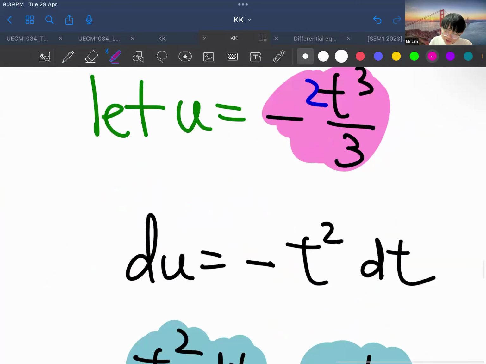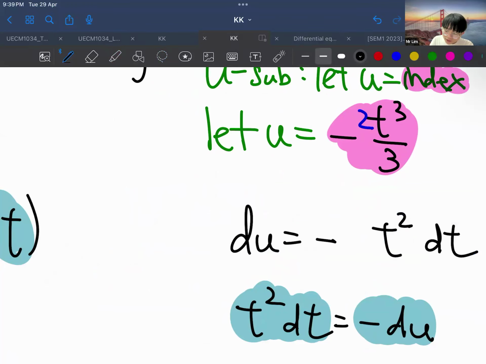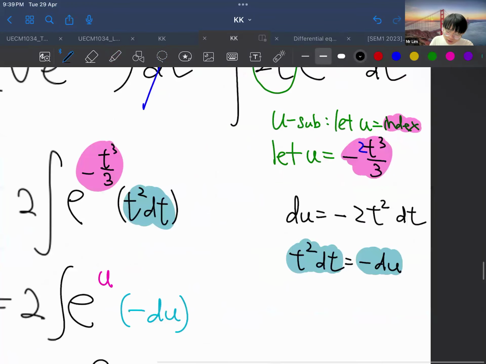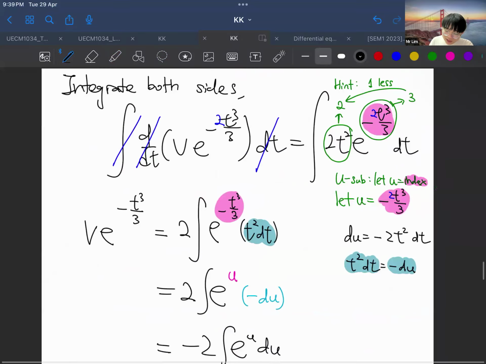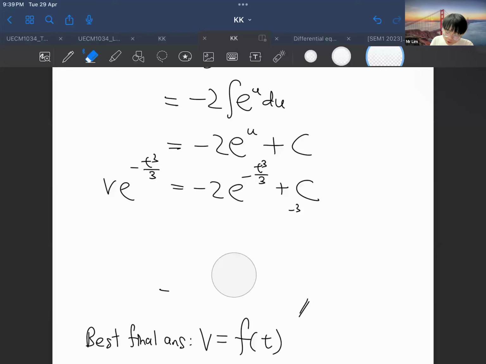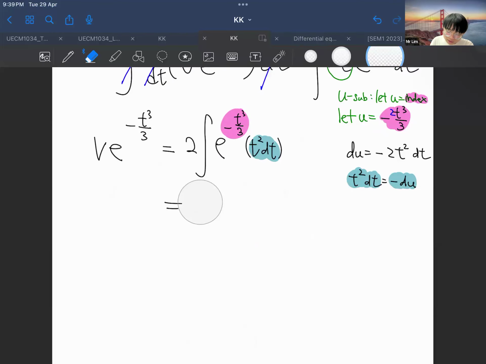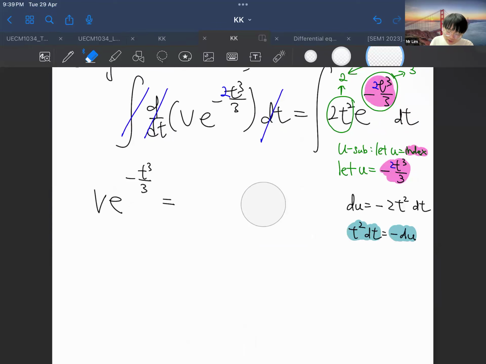So when you do differentiation, you will get negative 2t squared. Yeah, negative 2t squared. So now I see that there's no need for me to bring out the 2. I can straight away integrate it directly. So here, let me just rewrite a bit.